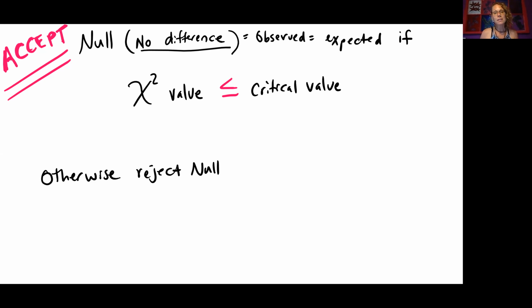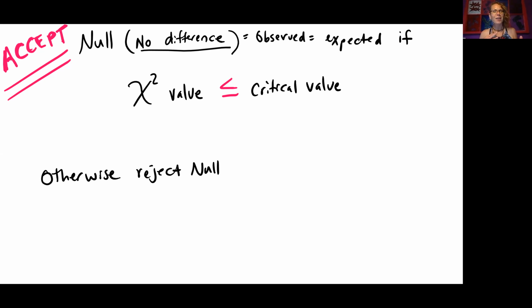In order to accept that null hypothesis, our chi-square value, that calculated green number, has to be less than or equal to the critical value that we got out of our chart. If that chi-square value is too big, if it's larger than the critical value, you reject the null.